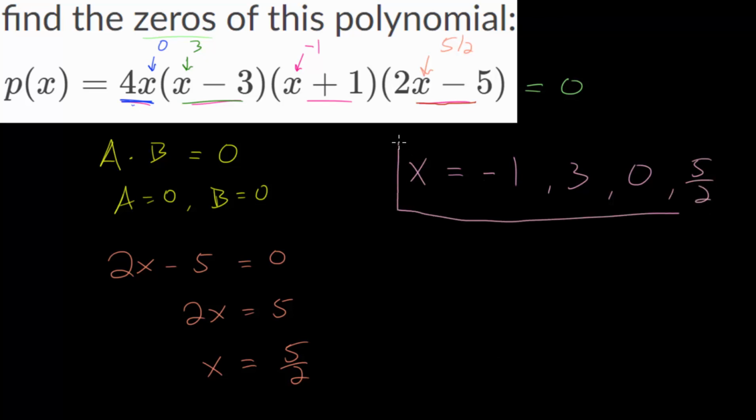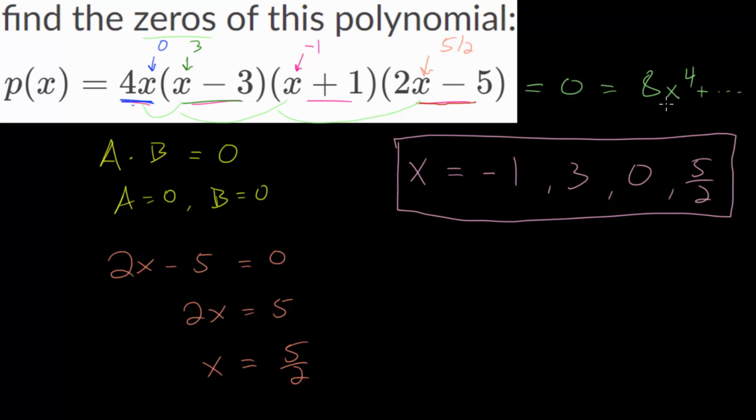And we should expect 4 solutions here because we have 4 linear terms multiplied together. In fact, if you multiply all of this out, which is a bit tedious, what you will find is that the leading term for this polynomial, if we multiply all the highest power terms in each of these, 4x times x times x times 2x, we would get 8x to the 4th, and then have a bunch of lower power terms.